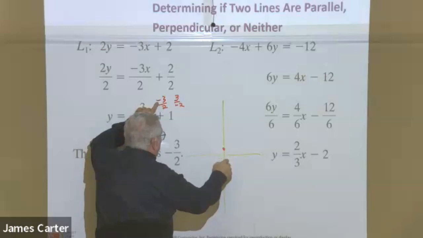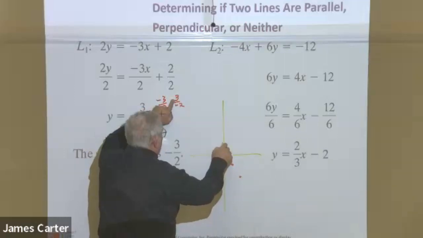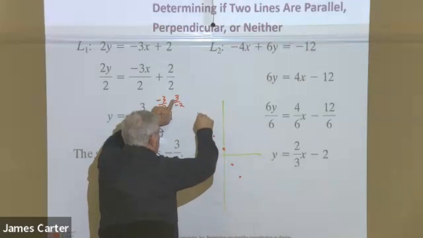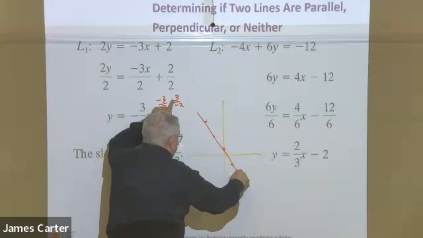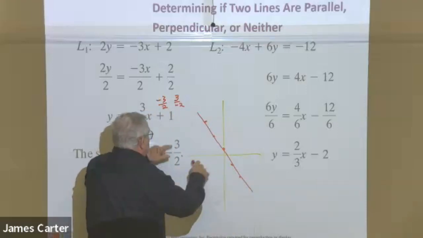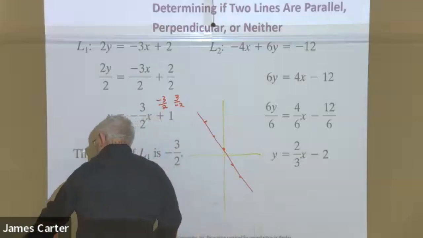I can go down 1, 2, 3, and over 1, 2, or I can go up 3 and left 2. And there is my first line.